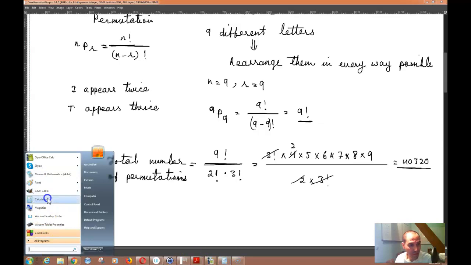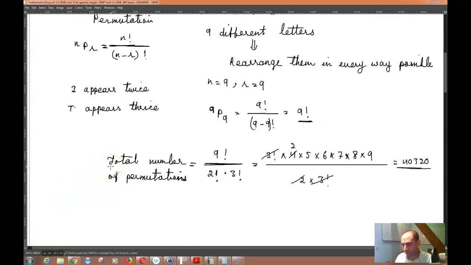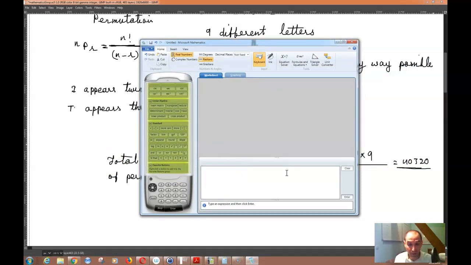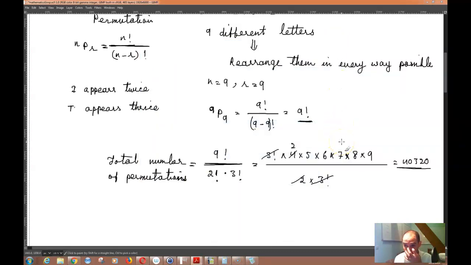I need to pull up my calculator anyway. So you have 9 factorial over 2 factorial times 3 factorial, which is equal to 3,240. What?